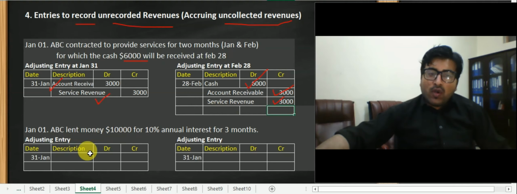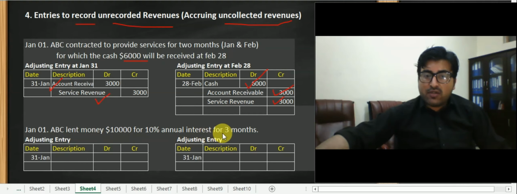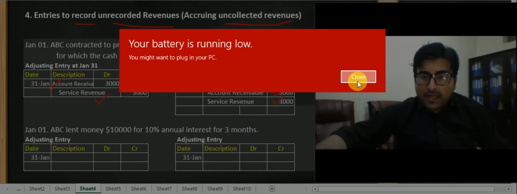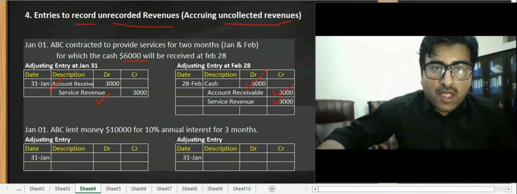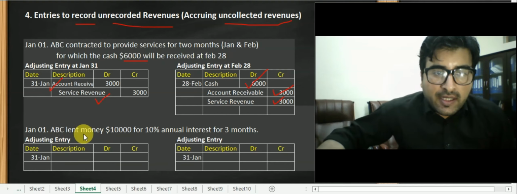Okay, now we go into the January 1st. Another entry we have example. ABC lent money $10,000 for 10% annual interest for 3 months. Okay, now we have ABC lent money.